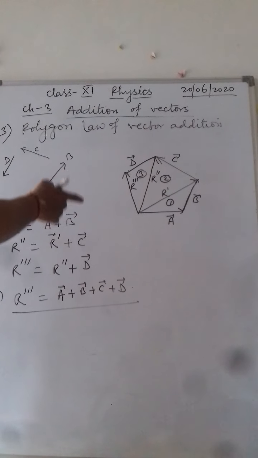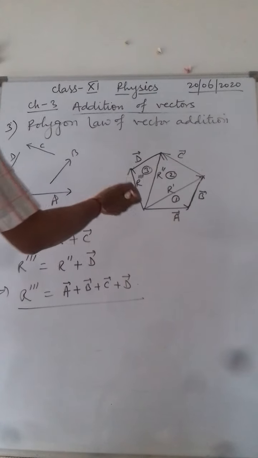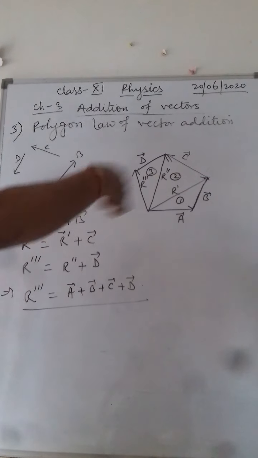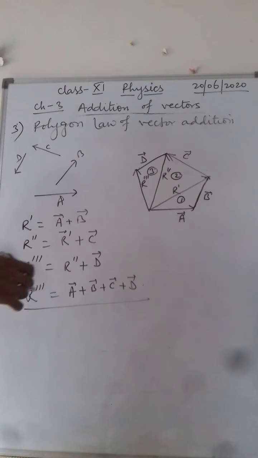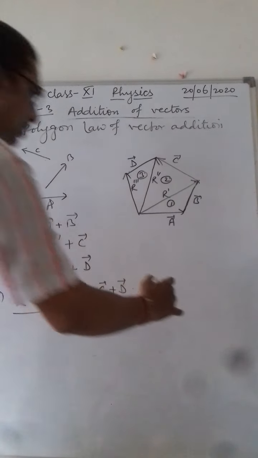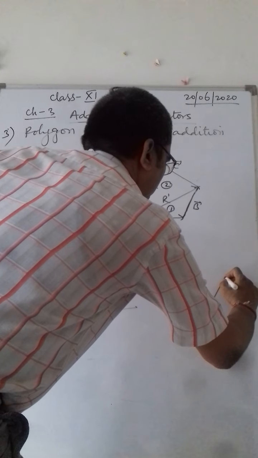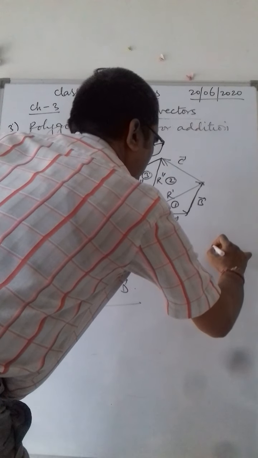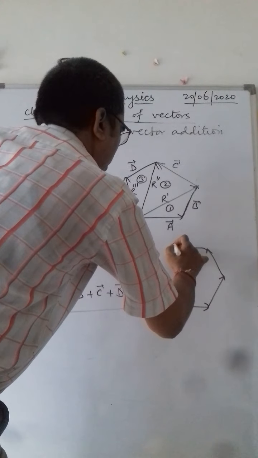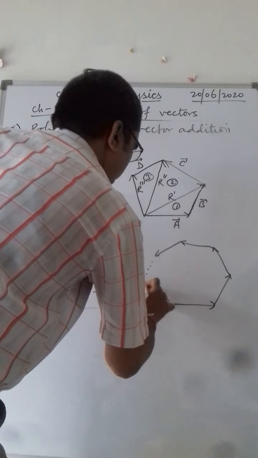We have added it as R triple dash. So we can add n given vectors by the polygon law of vector addition in such a way.